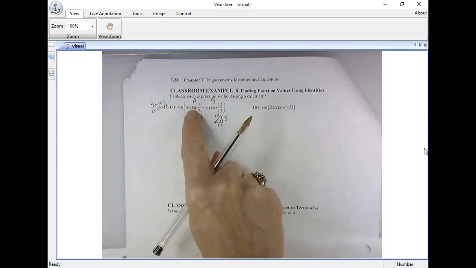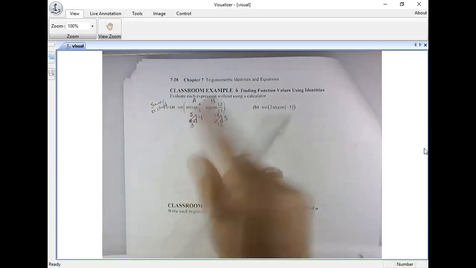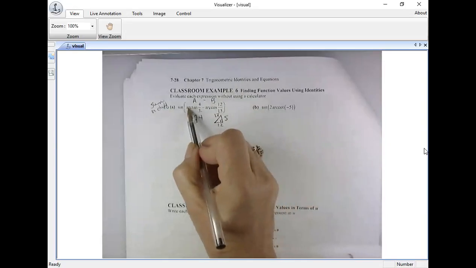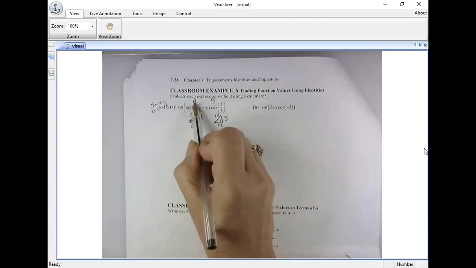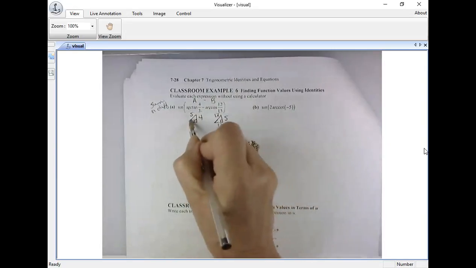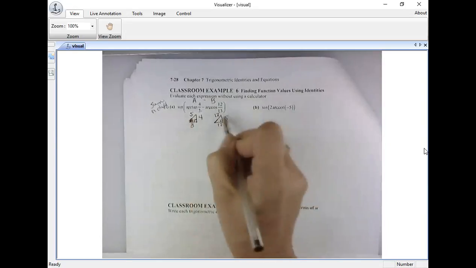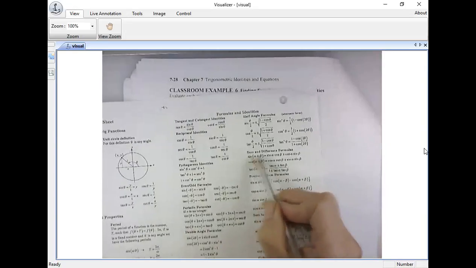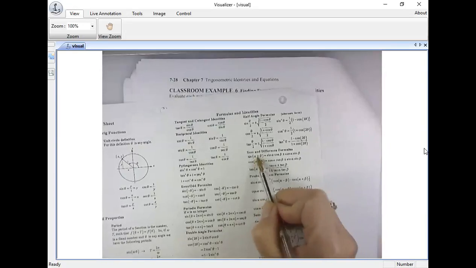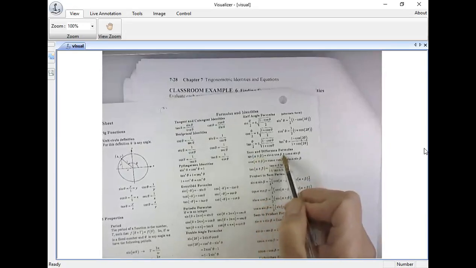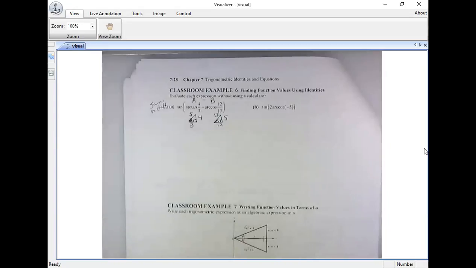But tangent's not going to be, see what I'm saying? Remember, arctangent is an angle, because I'm looking for the angle whose tangent is this. I just don't know what it is, but it'll be A, okay? So this is angle A. This is angle B. And if I use this identity over here, and I want the sine of A minus B, so that means I'm going to use the lower sign.